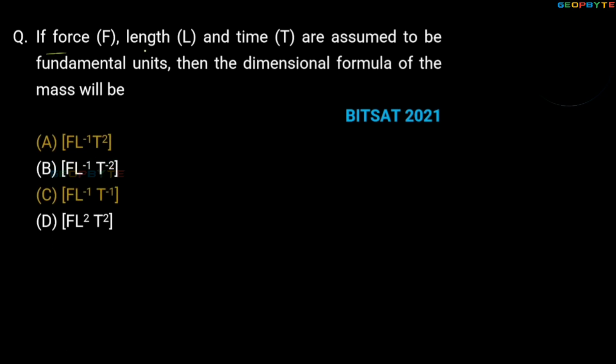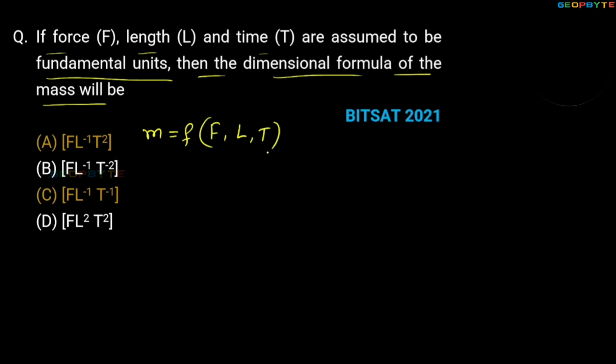If force F, length L, and time T are assumed to be fundamental units, then the dimensional formula of the mass will be, it is given that mass is a function of force, length, and time. Therefore, m equals a constant into F power a, L power b, T power c.